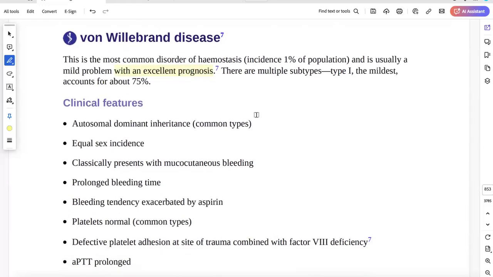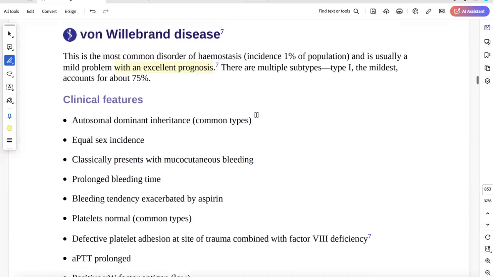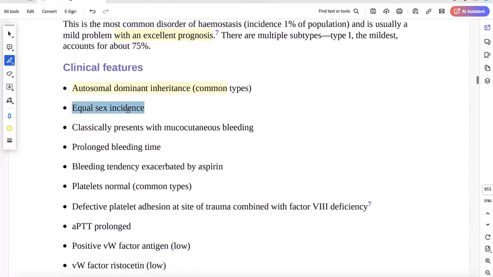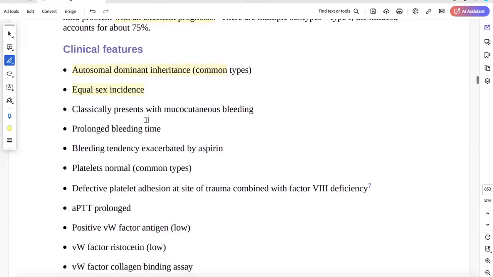Now, if you look over here, von Willebrand disease is an autosomal dominant inheritance, which means that either the father or the mother had the genetic abnormality, and even with one abnormal gene from either parent, the patient can get von Willebrand disease, right? That's how autosomal dominant inheritance works. So both men and women can get this condition equally.